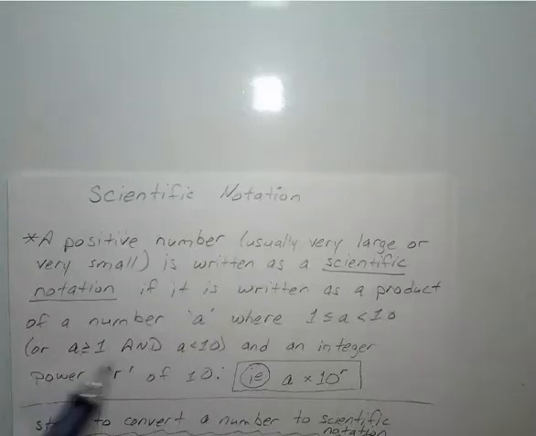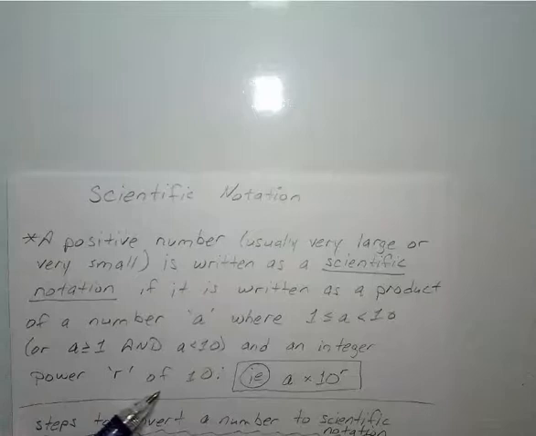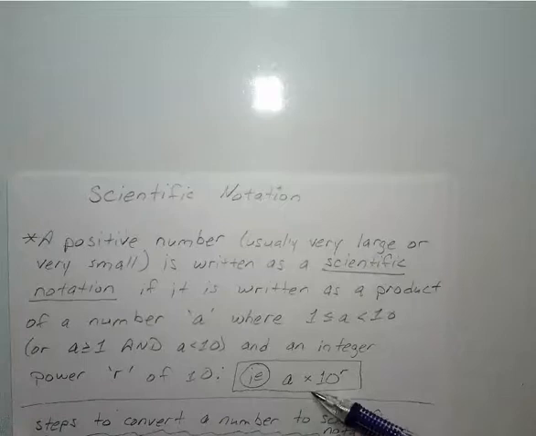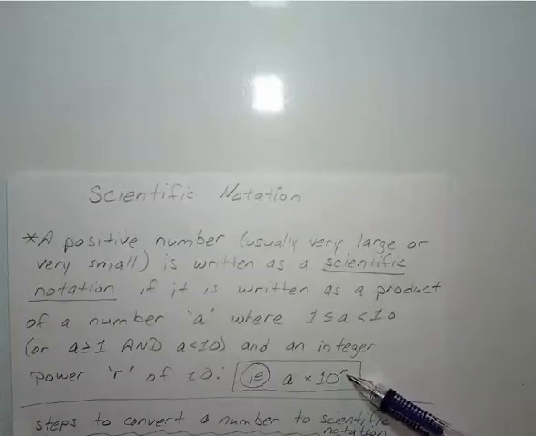So it's greater than or equal to 1 and less than 10, and an integer power r of 10. In other words, it's written as some number A times 10 to the power of the exponent r.